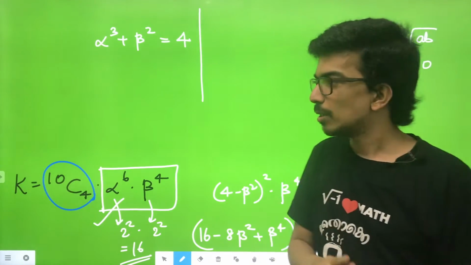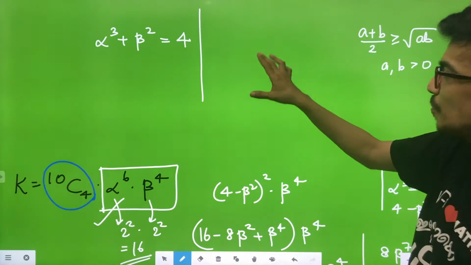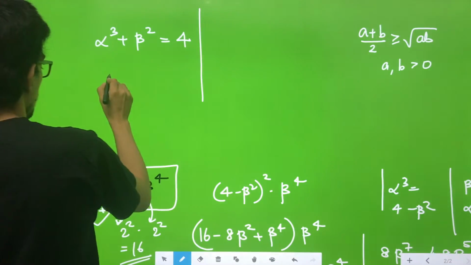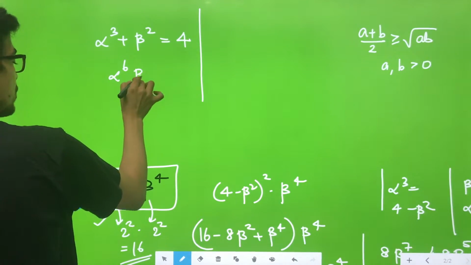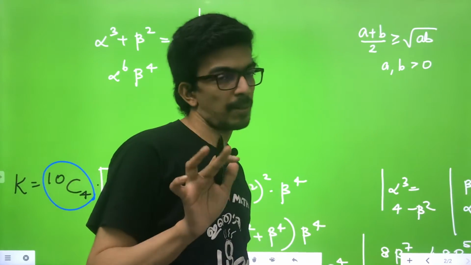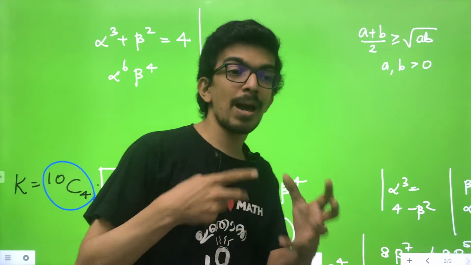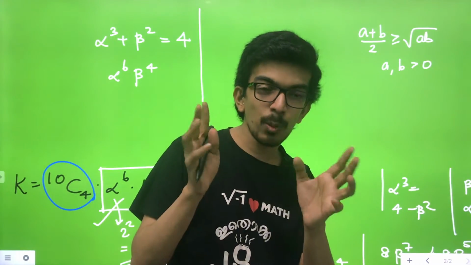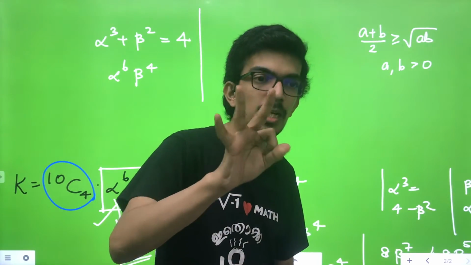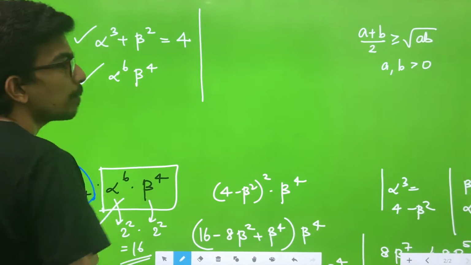One is, the question talks only about positive numbers. The expressions we have, when evaluated, will give you positive numbers. Secondly, the question talks about a maximum value, so there is some kind of inequality involved. Thirdly, we have a sum and we need a product.